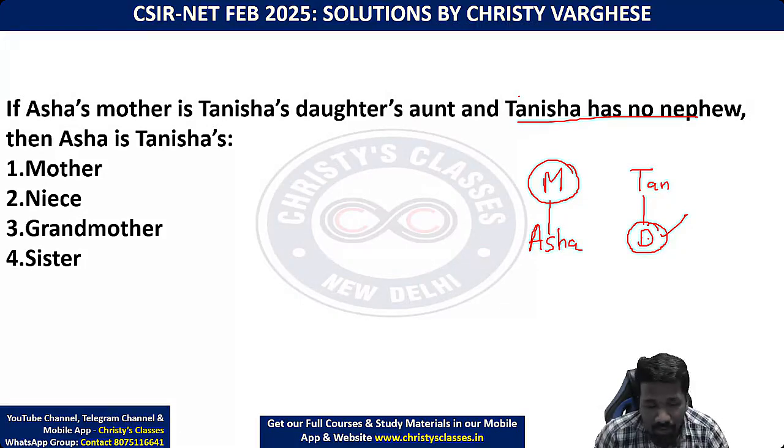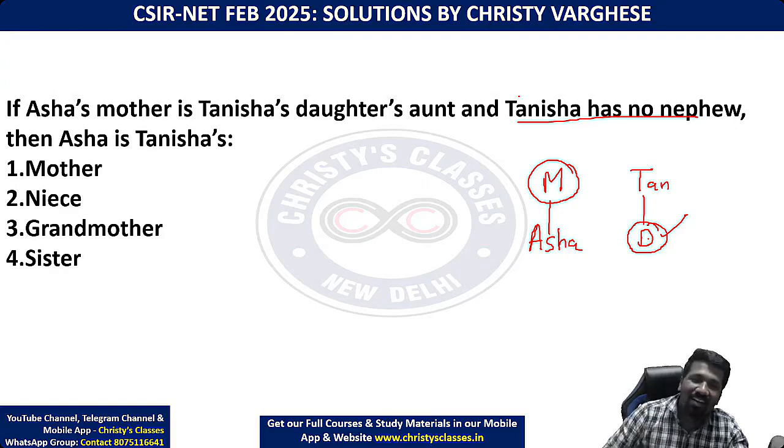In the Indian context, father's elder brother is called by a particular name, father's younger brother another name, mother's elder brother one name, mother's younger brother another name, mother's brother-in-law another name, father's brother-in-law another name. But in English these are all uncles, uncles. Okay, anyway, that is another topic.